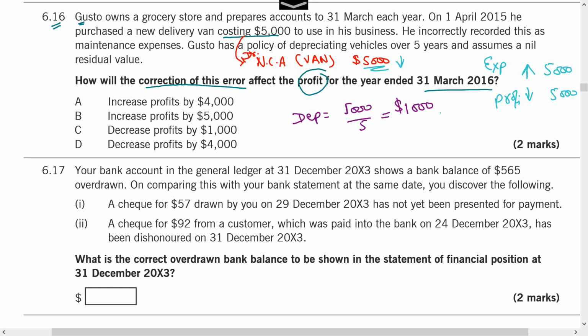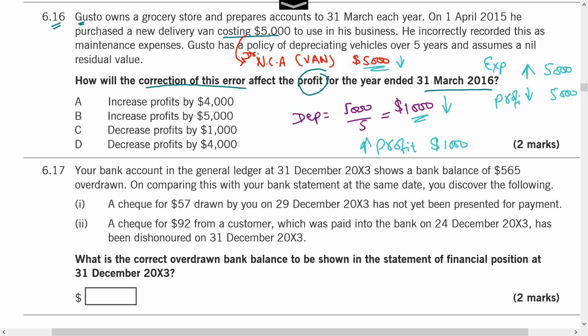And right now, because we are not treating it as non-current asset, our expenses are reduced by this depreciation amount, because we have not included this depreciation into our accounts. In other words, our profits are increasing by $1,000.